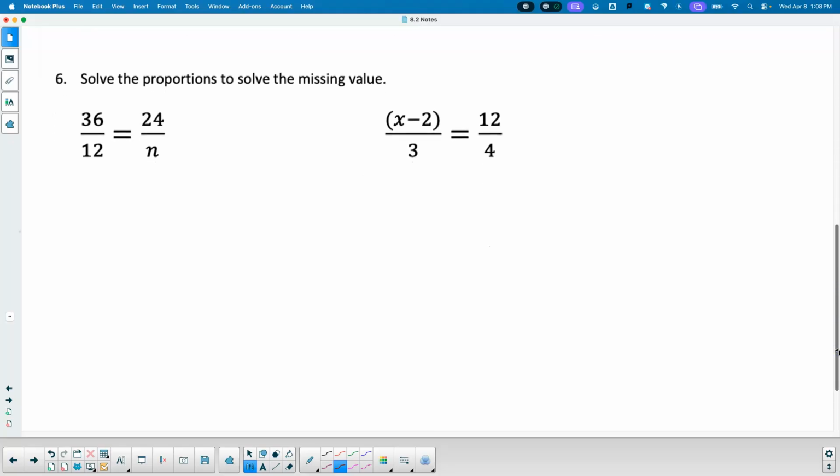Solving proportions, we do something that in the mathematical world we call cross multiply. So we multiply these 2 together, and we multiply these 2 together. What is 12 times 24? 288.